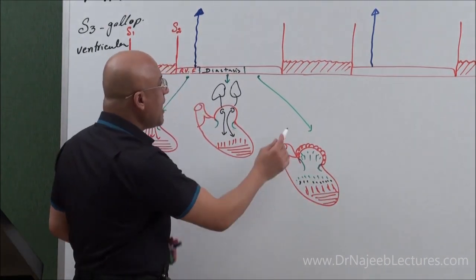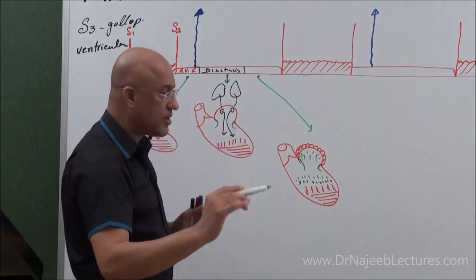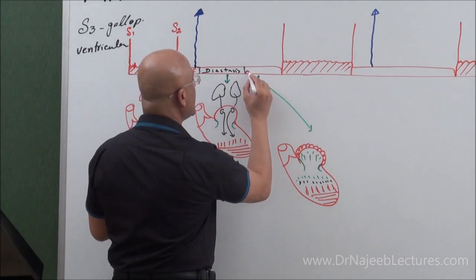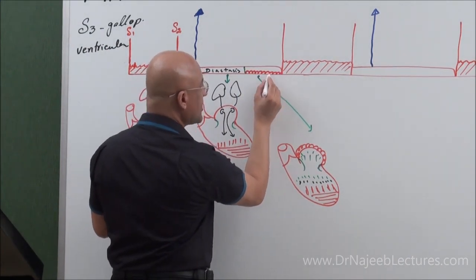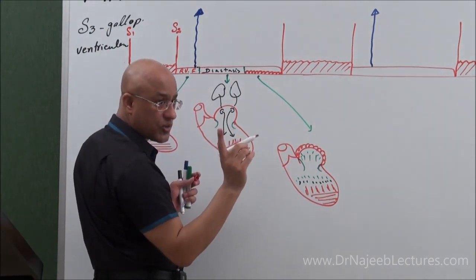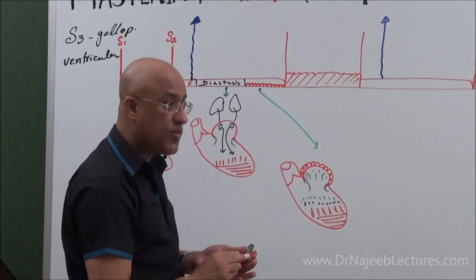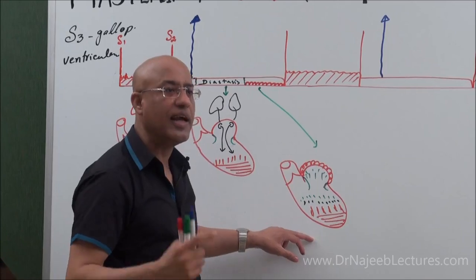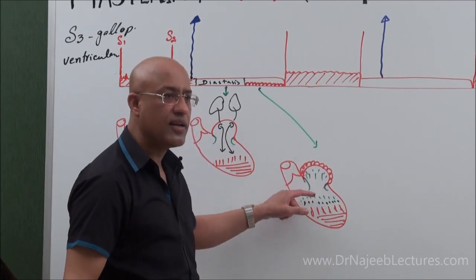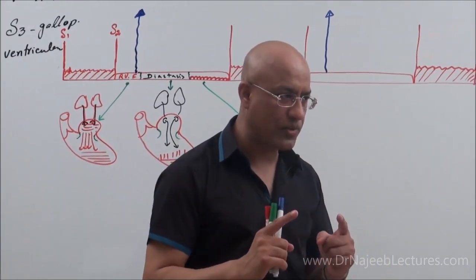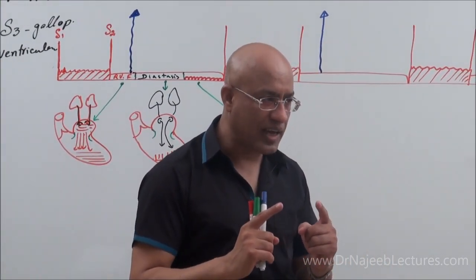Done? Now, in a healthy person, even though the atria contracted here and this blood was pushed with atrial contraction, if atria and ventricles are healthy, this last filling will also be silent.